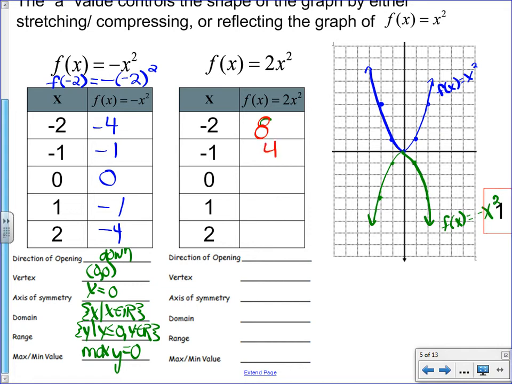It's 2, so negative 1 squared times 2 gives me positive 2. Caitlin, f at 0, what do I get? 0. Good. Yulia, f at 1, what do I get? 2. Good. And Vanessa, f at 2? 8. Good. So again, in a different color, can you please plot that graph?